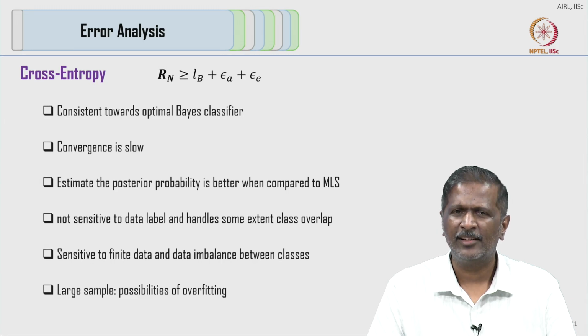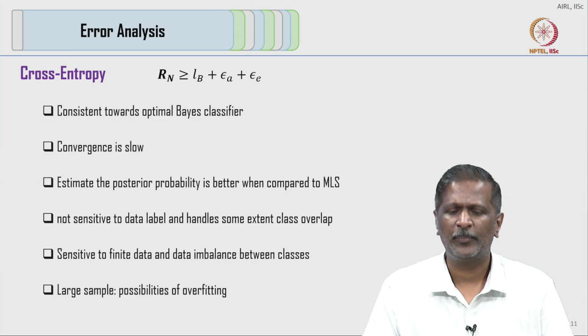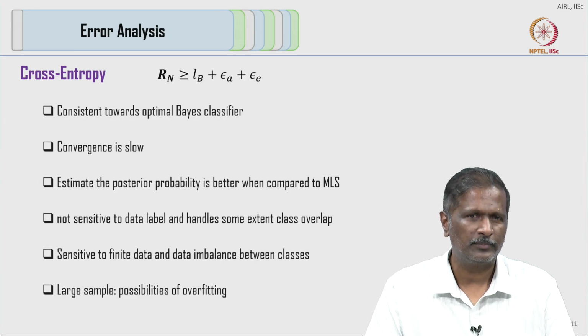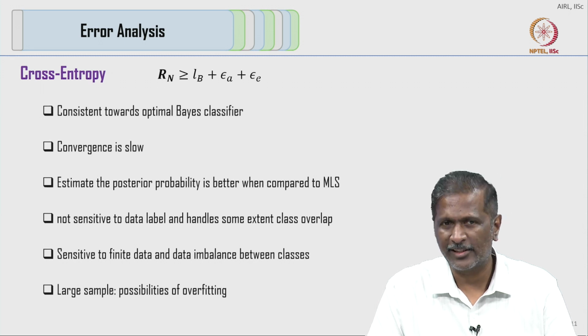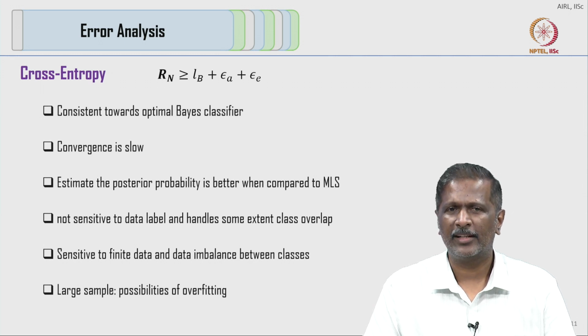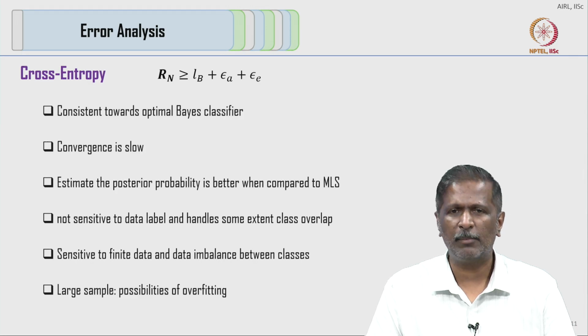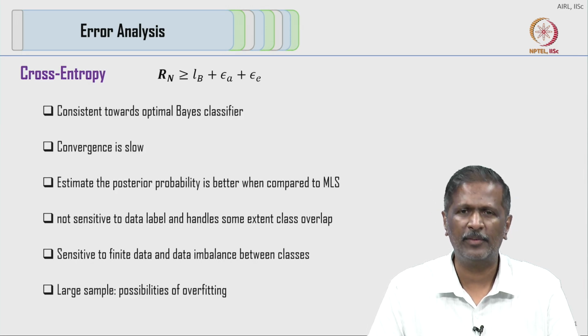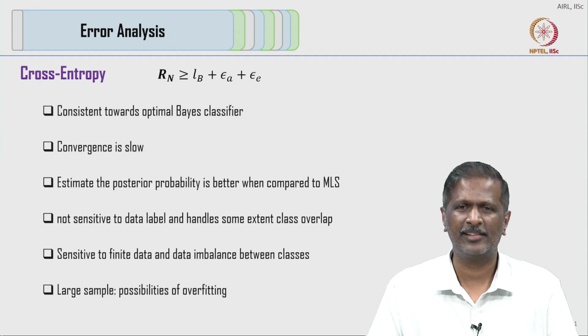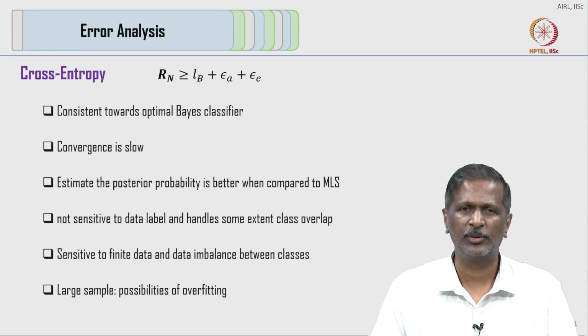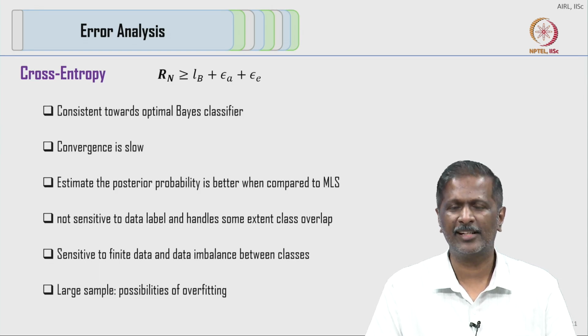It handles overlap to some extent, but it's sensitive to finite data and to data imbalances. Again, a large number of samples can lead to an overfitting problem. One has to bring in regularization methods or momentum terms to improve the generalization ability.